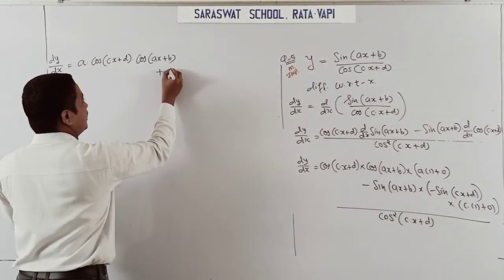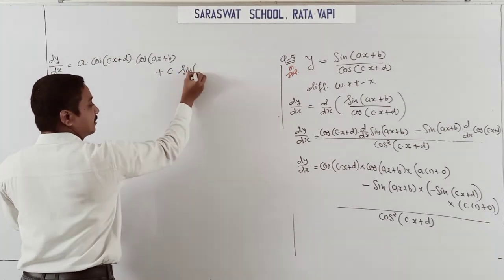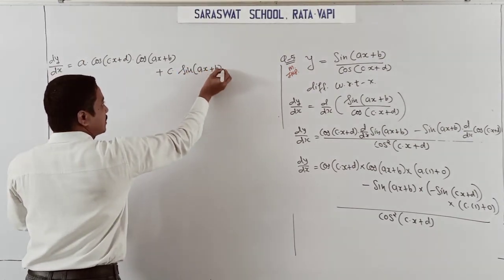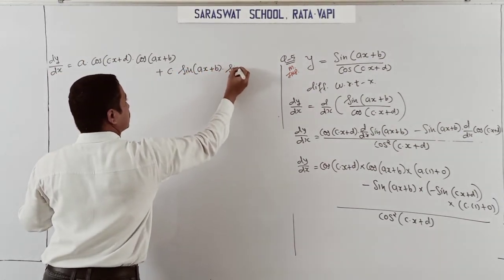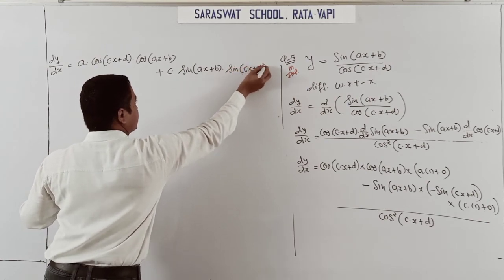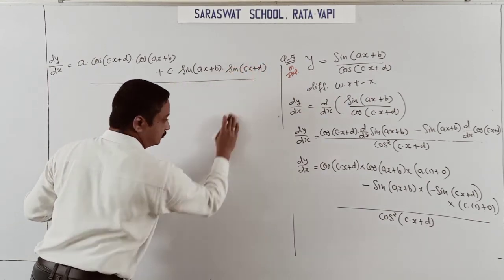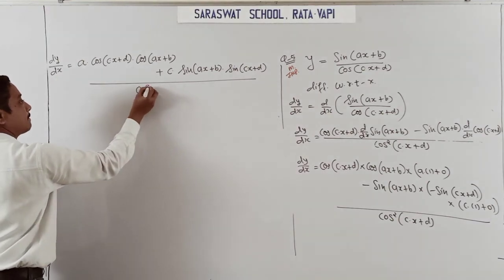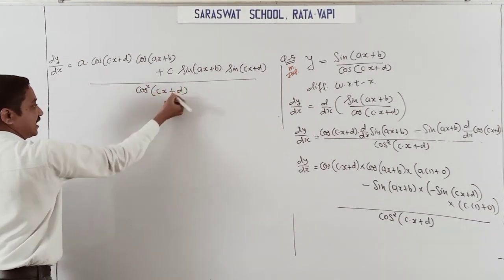So plus c into sin(ax plus b) into sin(cx plus d) and upon cos square(cx plus d) as it is.